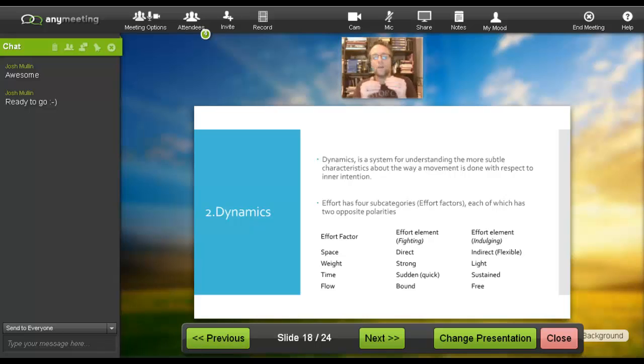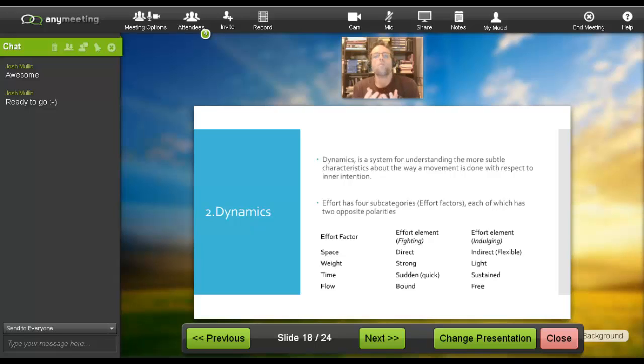Is the time nice, rhythmical, coordinated and balanced? And is the flow free? Is it allowed to move in any direction that the body wants to move in? It's these four factors that I call dynamics. Dynamics is a system for understanding the more subtle characteristics of how we move. All these can be associated with how you think, how you feel, how you act, how you believe, and how you like and dislike.